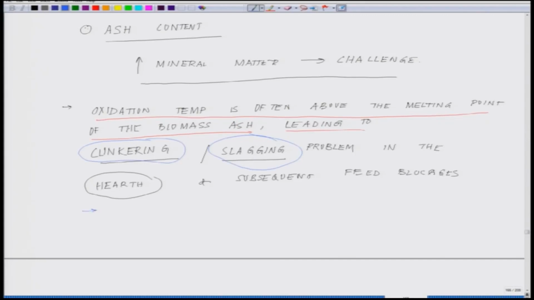Let me add one more thing. Clinker occurs when the ash percentage is more than 5%. If it is more than that, it leads to the formation of alkali oxides and salts.